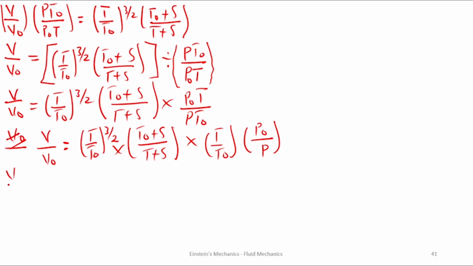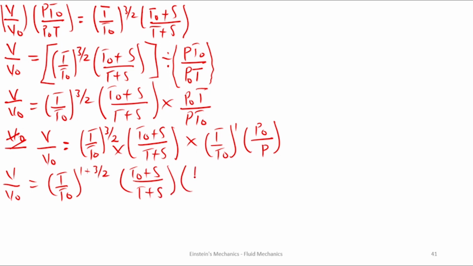Are we good? So V on V naught is equal to T on T naught, the powers, this is raised to the power 1, so 1 plus 3 on 2, multiplying this T naught plus S on T plus S, and still the pressure P naught on P. So if we add 1 plus 3 on 2, we get 5 on 2.